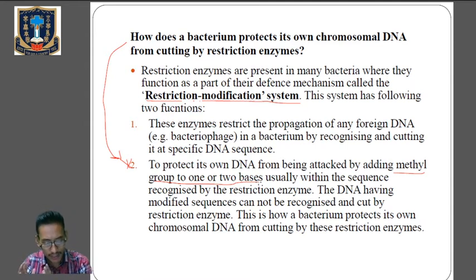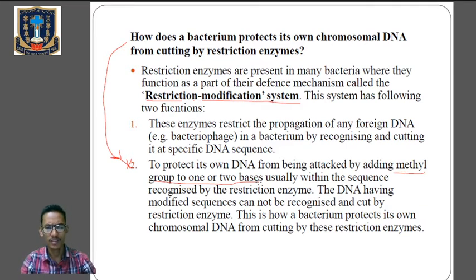Clear? By adding the methyl group to one or two bases, the restriction enzymes will not be able to recognize its own chromosomal DNA. DNA having the modified sequences cannot be recognized and cut by the restriction enzymes. This is how a bacterium protects its own chromosomal DNA from cutting by the restriction enzymes.